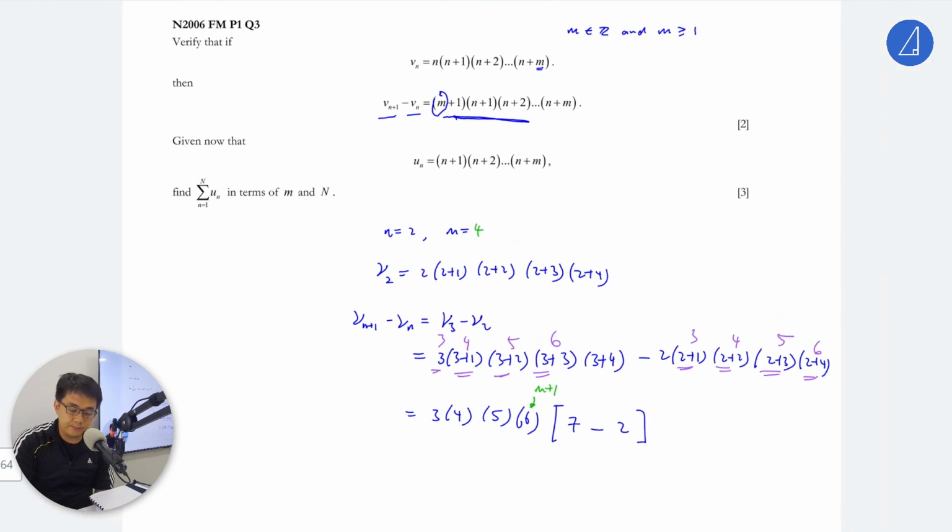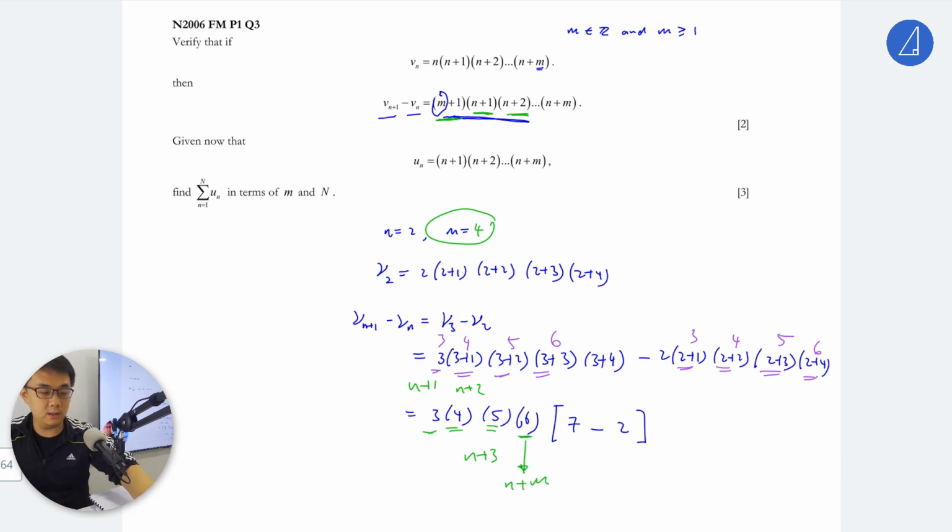It is n plus 1. Then m plus 1 is 4 plus 1. Okay, sorry, n plus 1 is this one. Then n plus 1, n plus 2. Which one is n plus 1? This is n plus 1, n plus 2, n plus 3. Yeah, then this is n plus m.